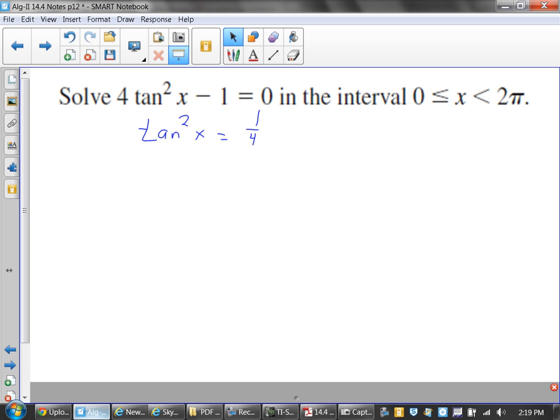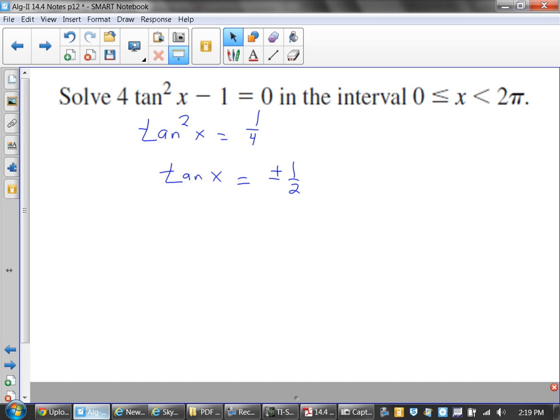How do I undo squaring? What's the square root of a 4? A 2. Plus or minus 1/2. Remember, it took a square root over the equal sign.